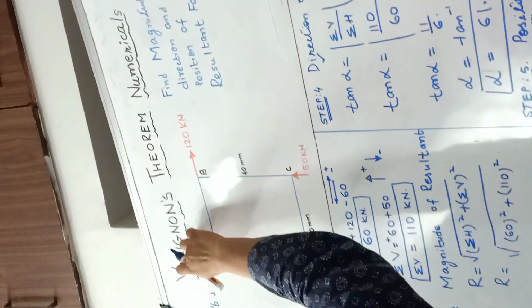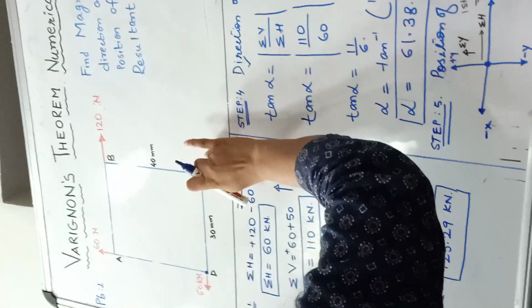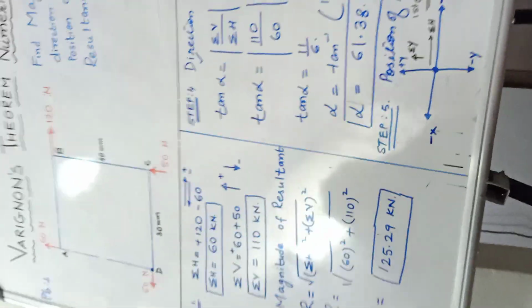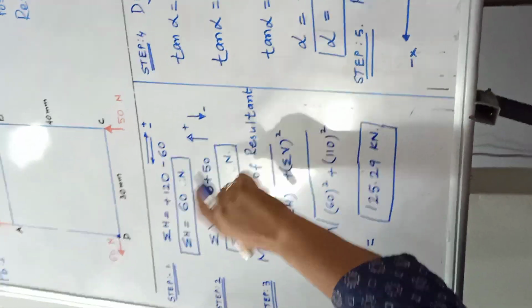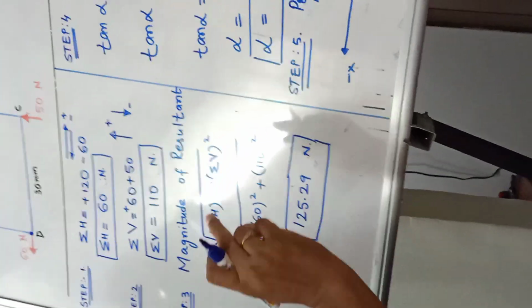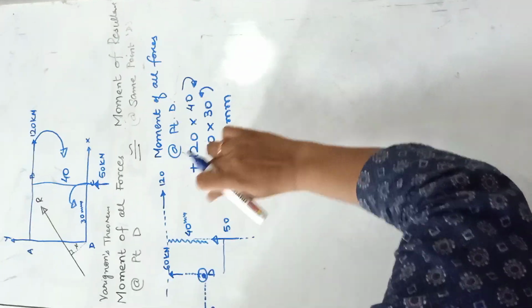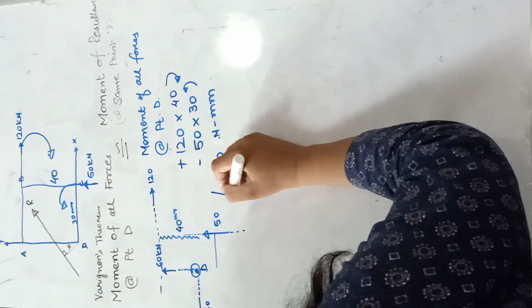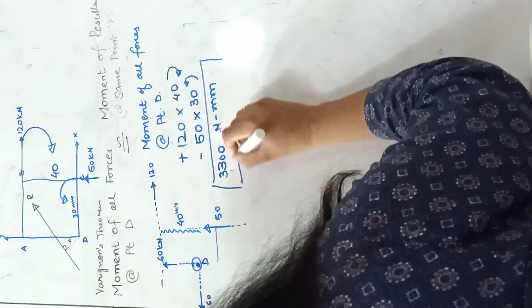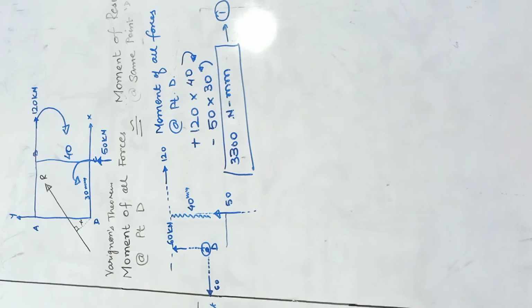I have written kilonewton by mistake, because if I am not considering kilonewton, then it is Newton mm. So it is Newton into mm. This is our first equation, that is the moment of all the forces about point D.